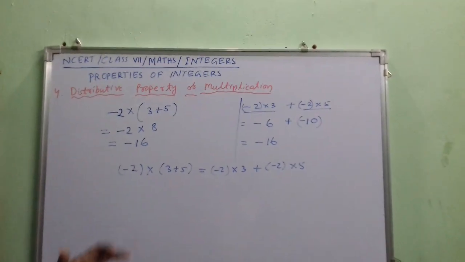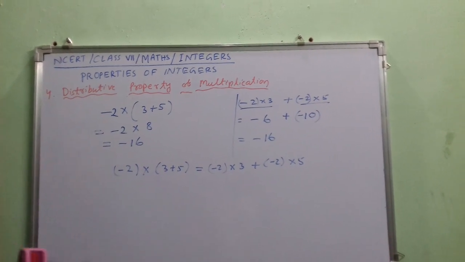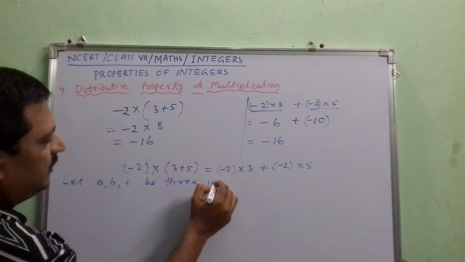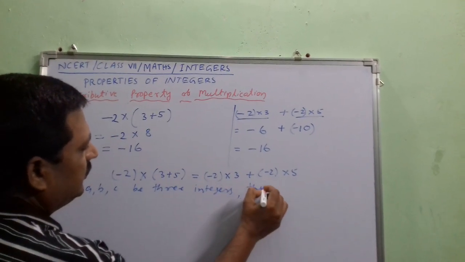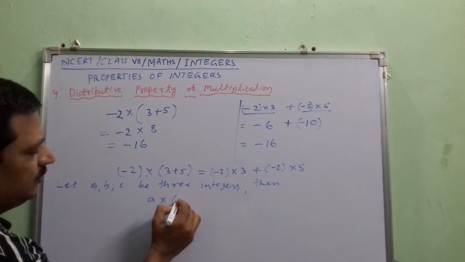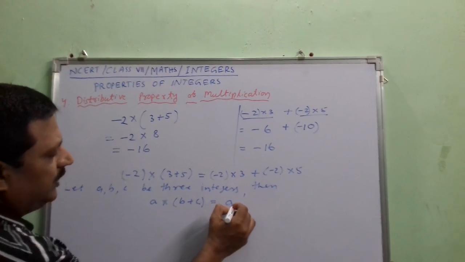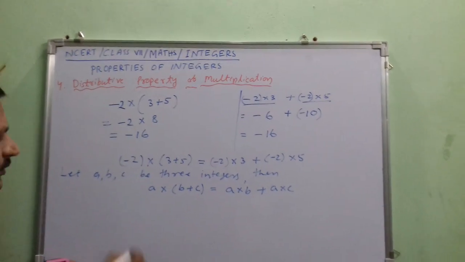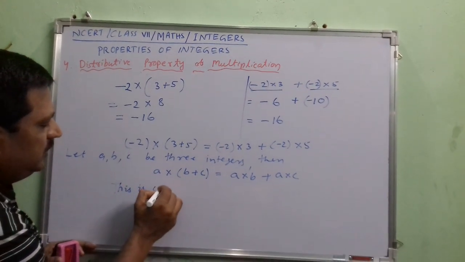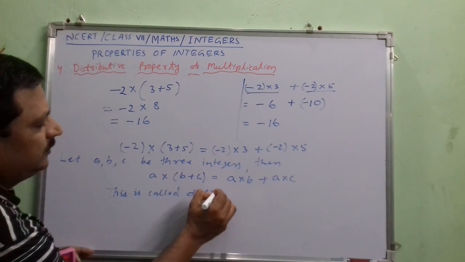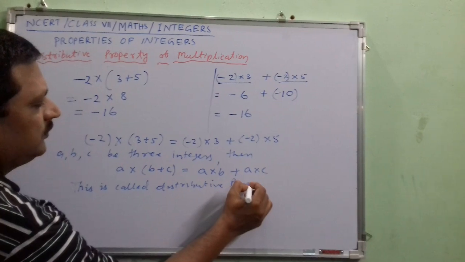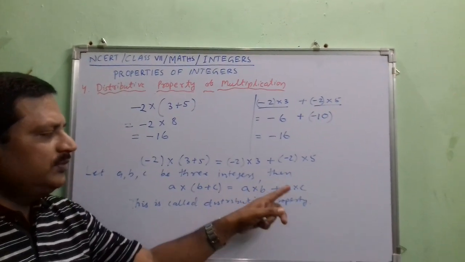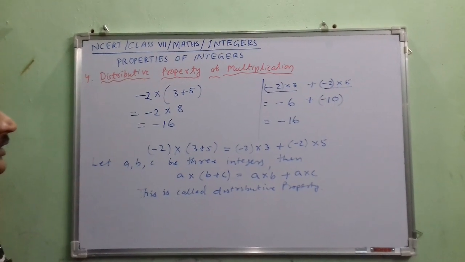That means if we take A, B, C as three integers, then A into (B plus C) is equal to A into B plus A into C. This is what we call the distributive property.